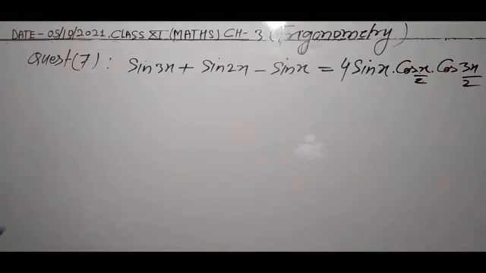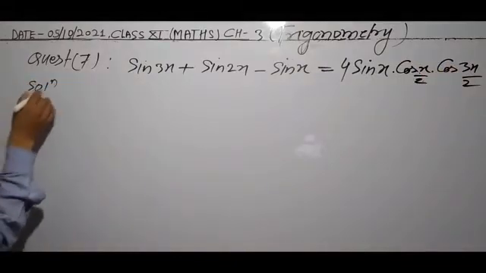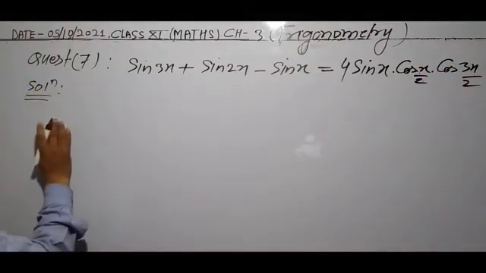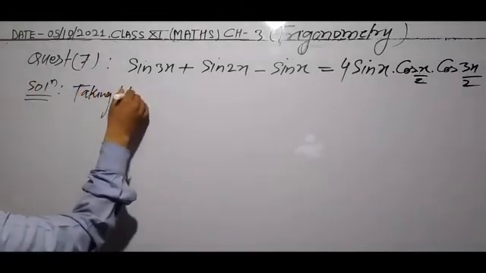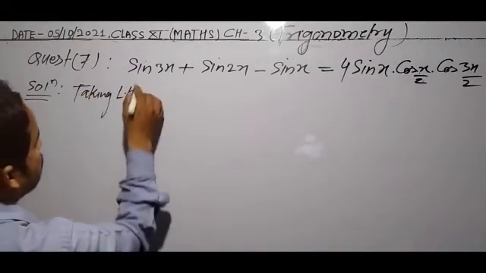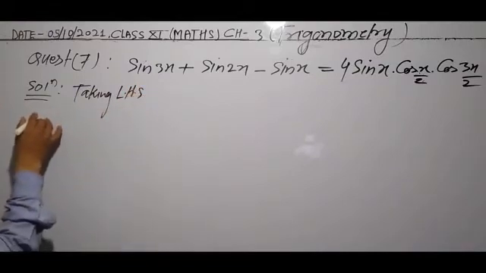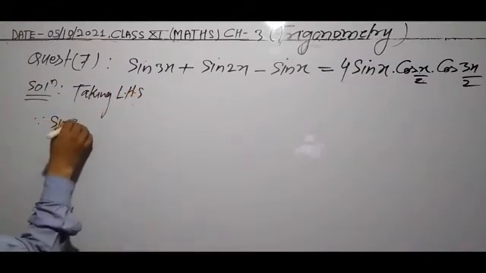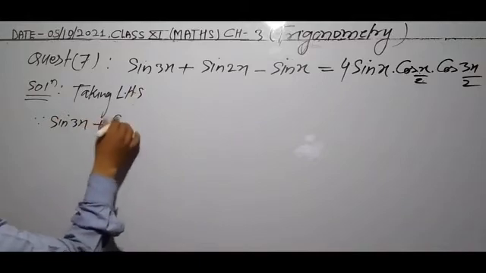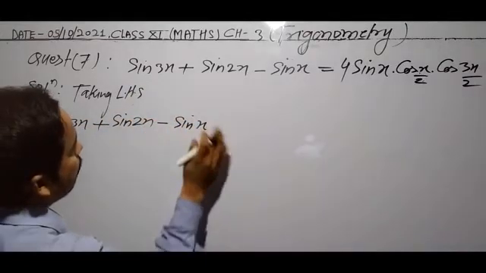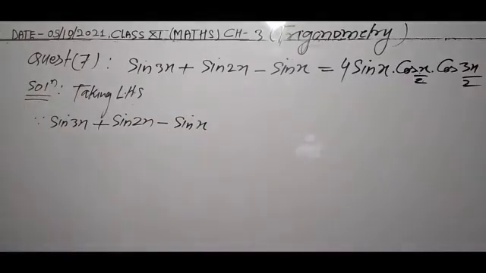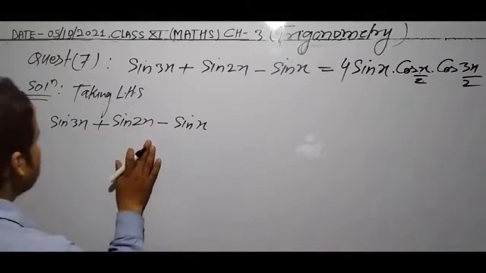Now taking LHS, solution: taking LHS, sin 3x plus sin 2x minus sin x. Now you know the sin C plus sin D formula.